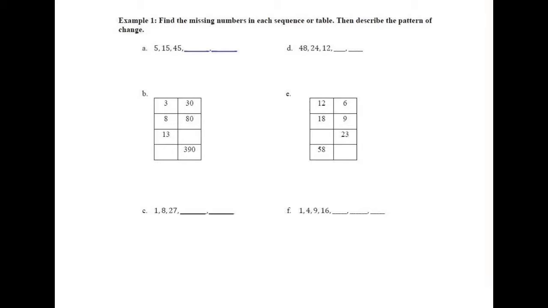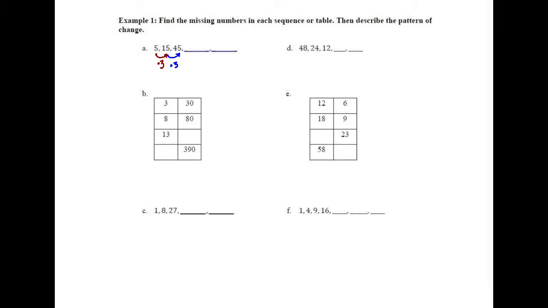So on A, to get from 5 to 15, you can add, you can multiply, you can divide, you can do whatever it takes to get from one number to the other. And because we are in the multiply divide section, I'm going to choose to multiply by 3 instead of adding 10. And then this next one multiplies by 3 anyway, right?